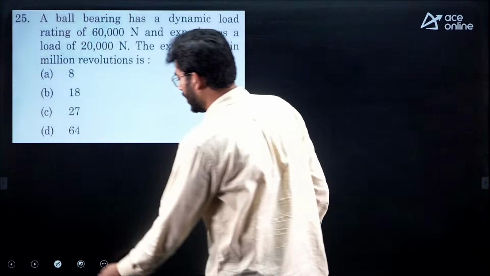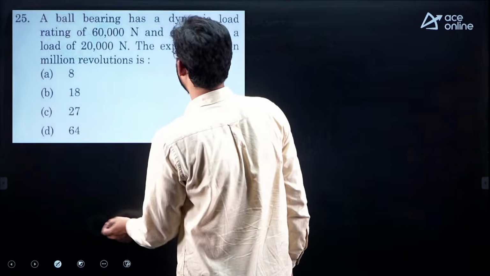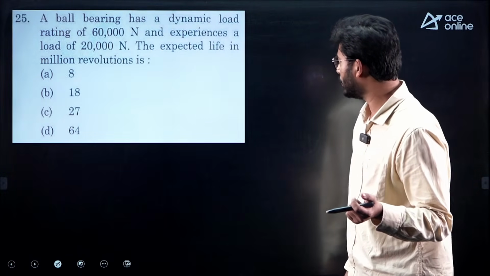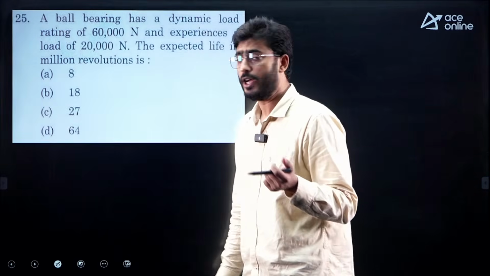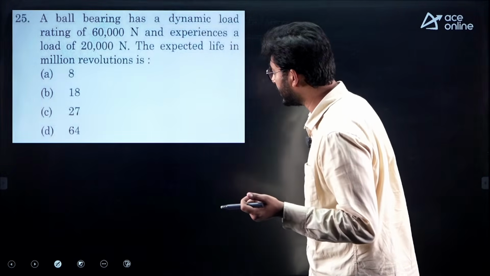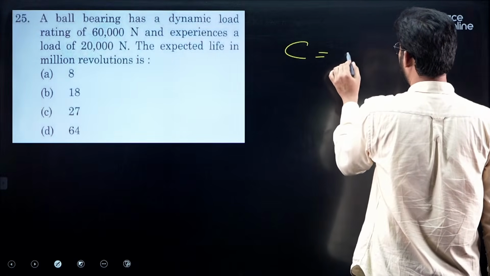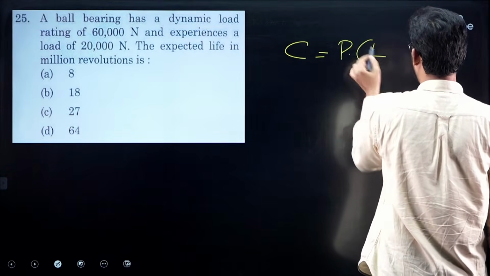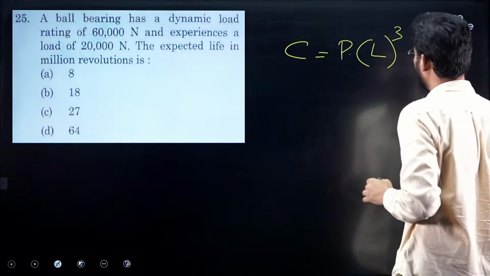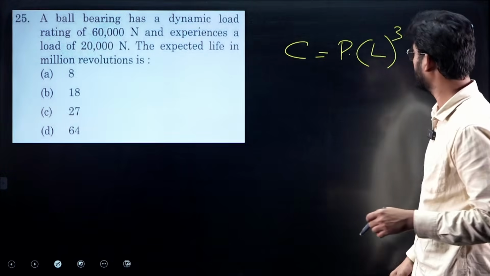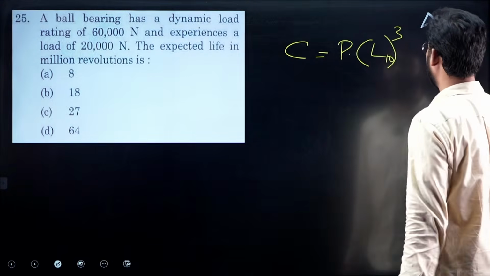Let's see the next question. The ball bearing has a dynamic load rating of 60,000 newtons and experiences a load of 20,000 newtons. So the expected life in million revolutions. So this is a standard formula, that is C is equal to P into L^(1/3), where L is the L10 basically.